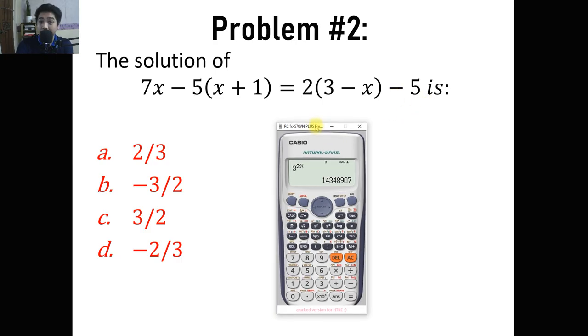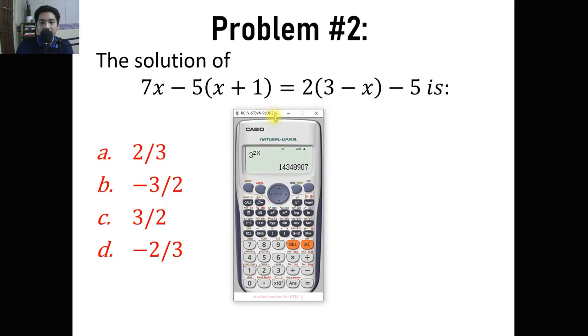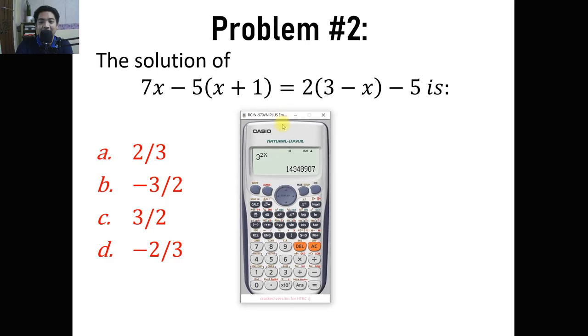This is very easy because we can solve for x: isolate x on one side of the equation and calculate the value of x by simple algebra. But if you want to use your calculator, if you forget your basic algebra, which is very dangerous especially with this kind of equation, students usually make mistakes on the sign when transposing.